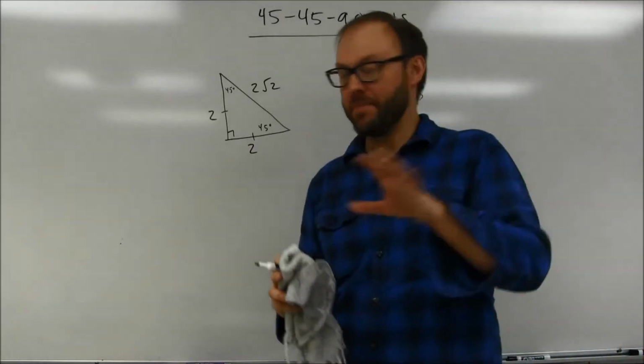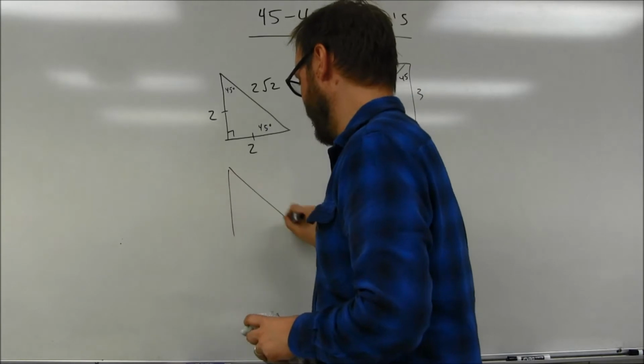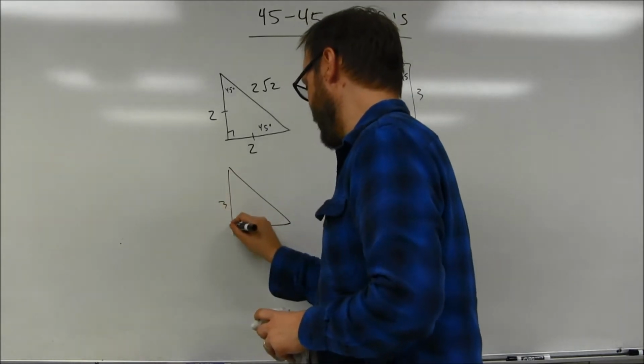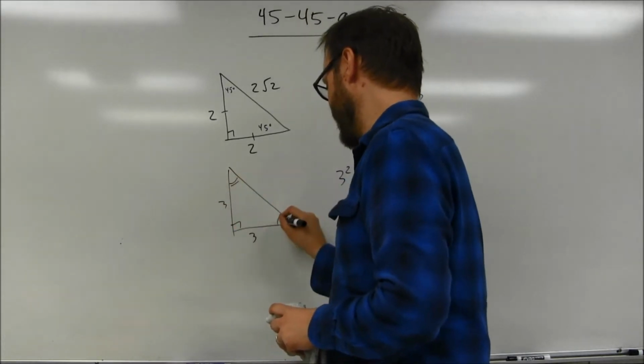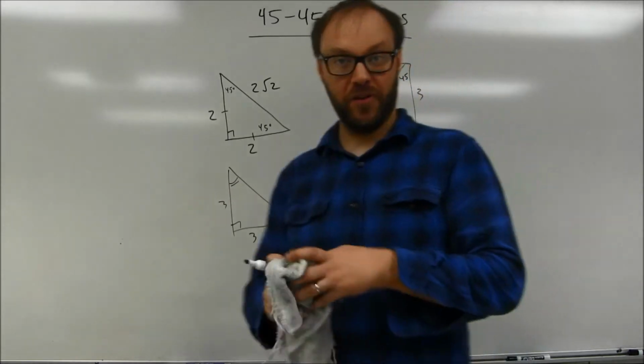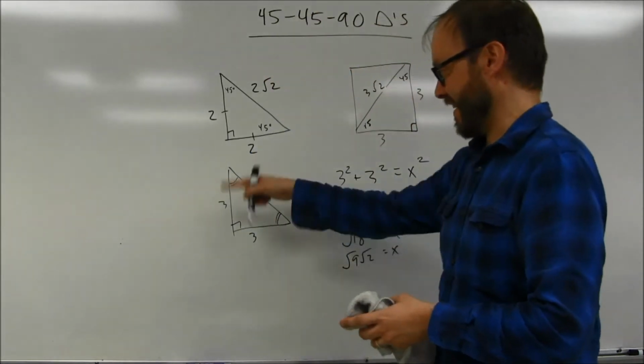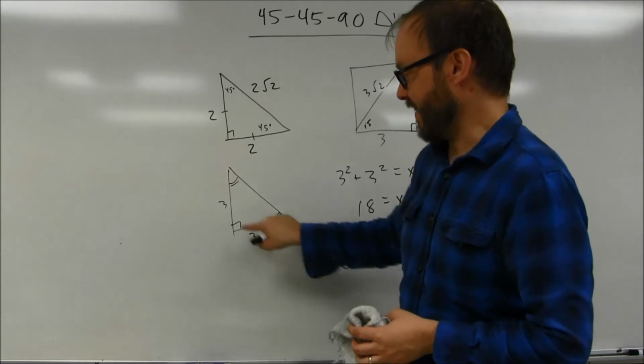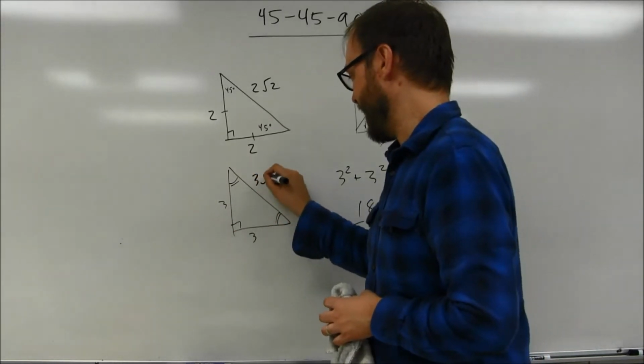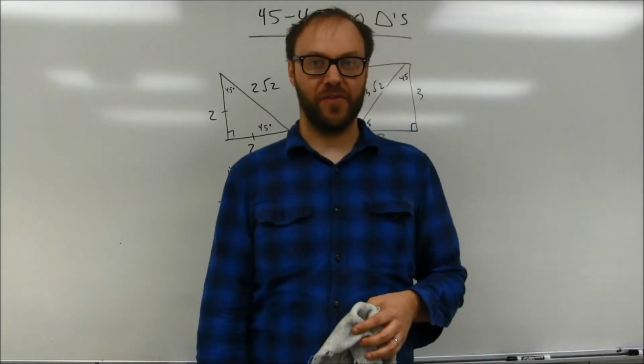And now you might be seeing a bit of a pattern. We've got side lengths of 3 and 3 for an isosceles right triangle. Sometimes they'll just mark those two angles equal. You don't have to be told that they're 45 degrees. It's isosceles, so they're going to be equal. We've got side lengths of 3 and 3, and the hypotenuse is 3 radical 2.